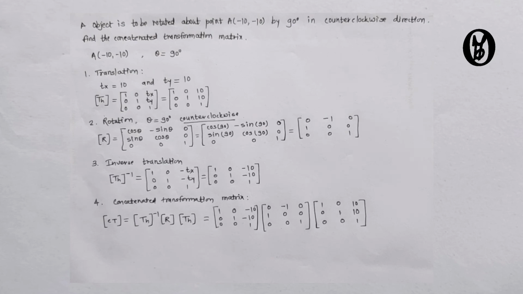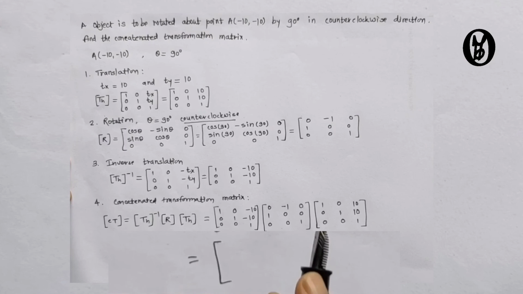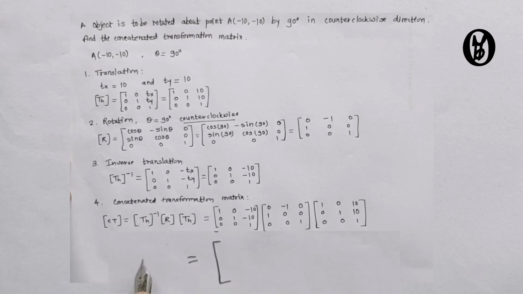First we multiply the inverse translation matrix with the rotation matrix, and then the product of these two with the translation matrix. And we get the CT matrix equal to 0, minus 1, minus 20; 1, 0, 0; 0, 0, 1.